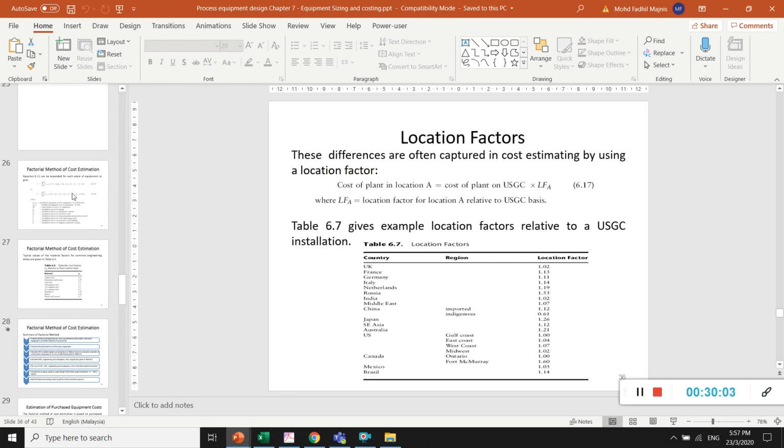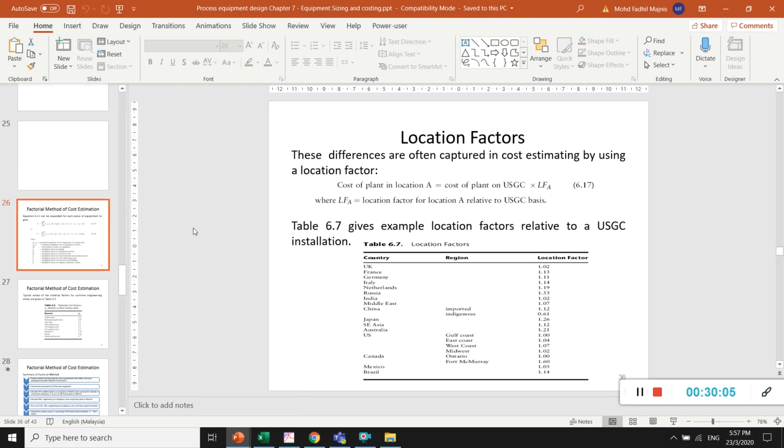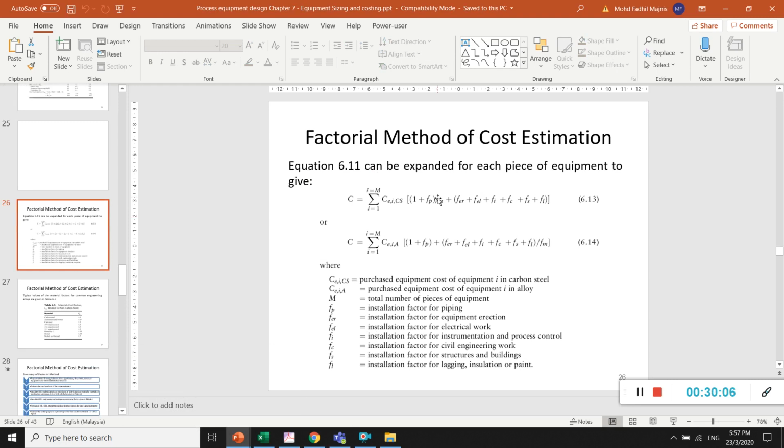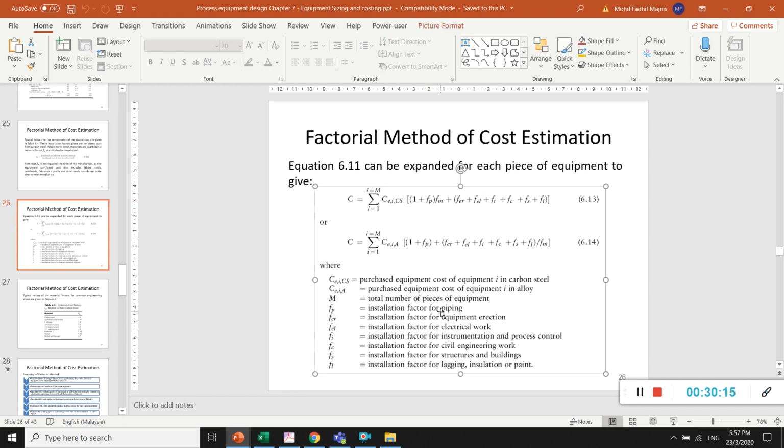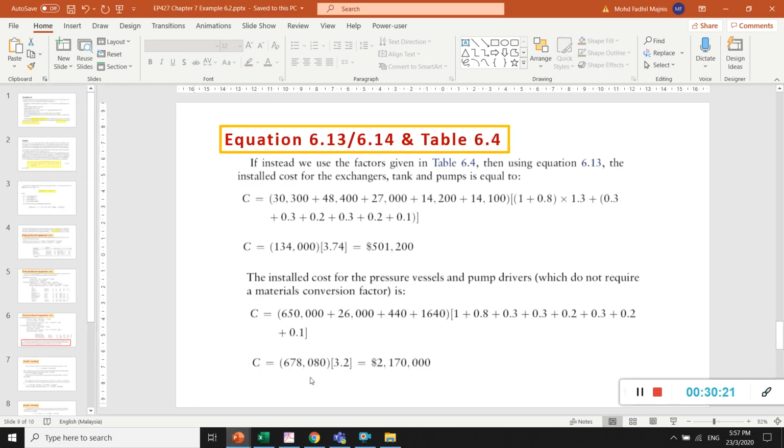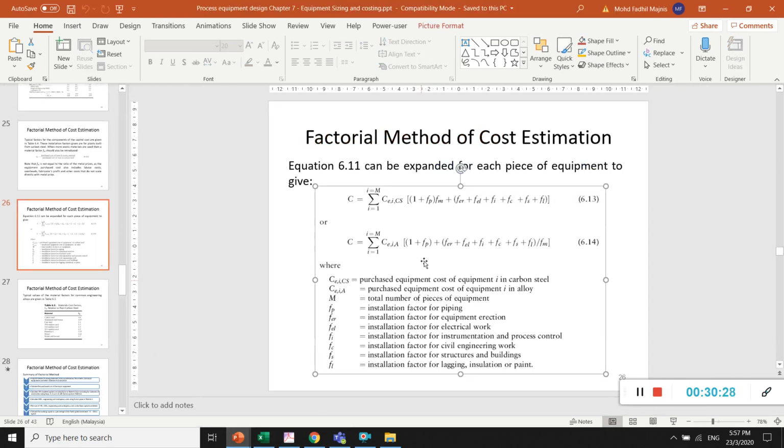So this is it, the factorial method. If we see here, this is the equation. What is the installation factor for piping? It is FP. So we have this one, which is 1 plus 0.8, and then we change the material.